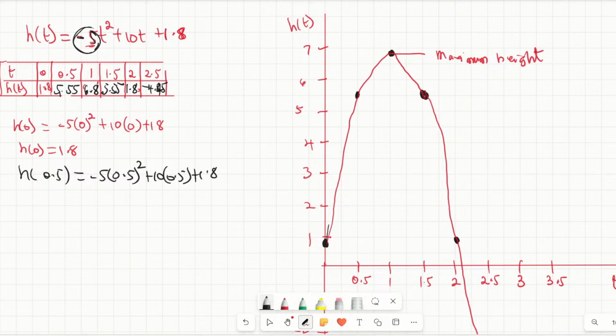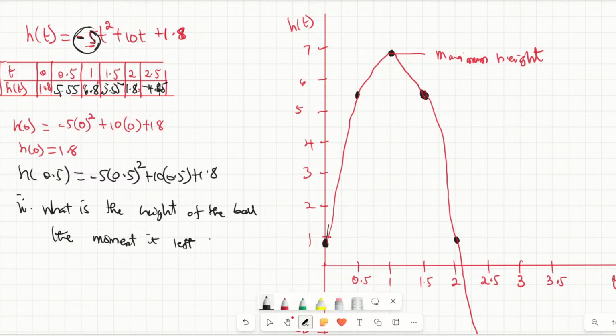Now we've drawn the graph of the function. Now the I says, what is the height of the ball the moment it left Jamie's hand at t is equal to 0?